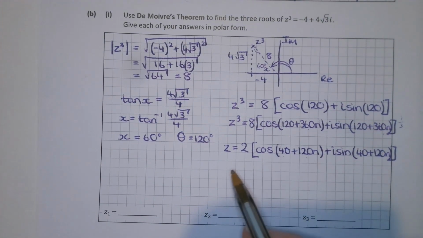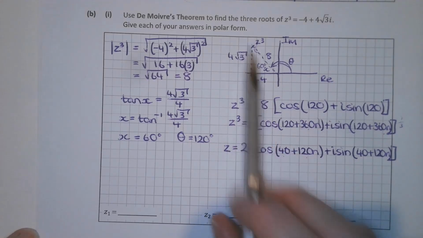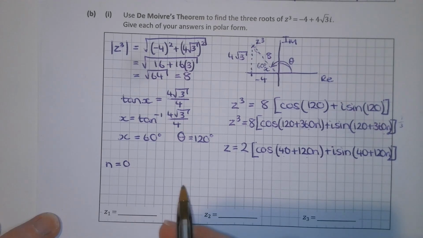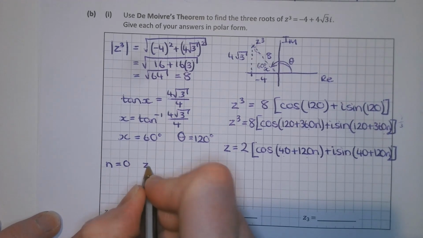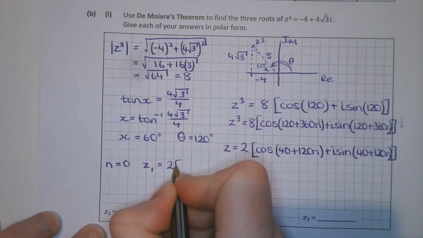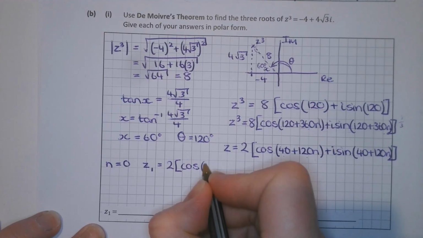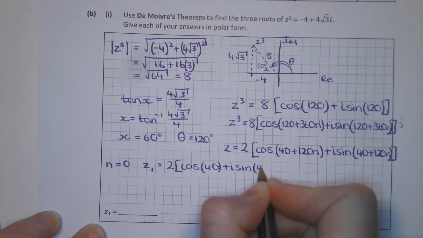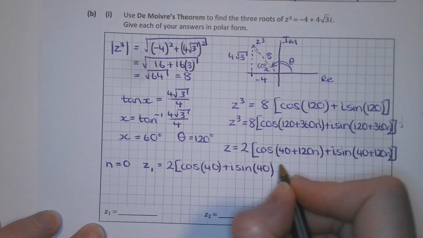So using what we've got there for z, we're asked to find the 3 roots. So when n is equal to 0, when n is equal to 1, and when n is equal to 2. So when n is equal to 0, z1 will be 2 times the cos of 40 plus i sine 40, because our 120 multiplied by 0 disappears.